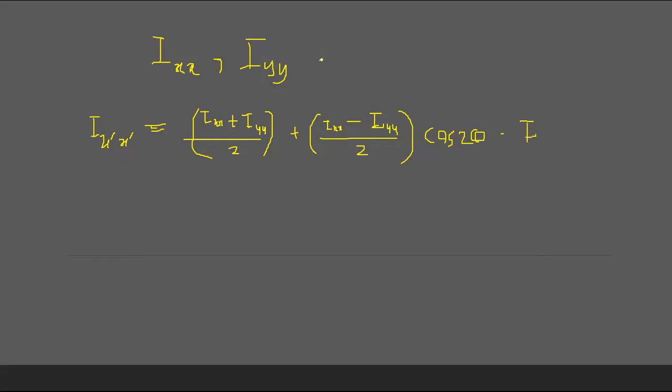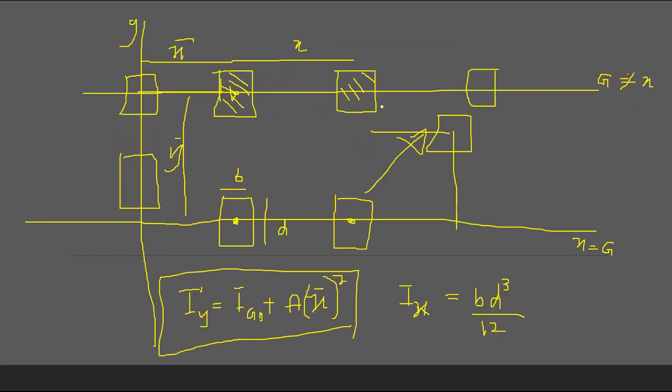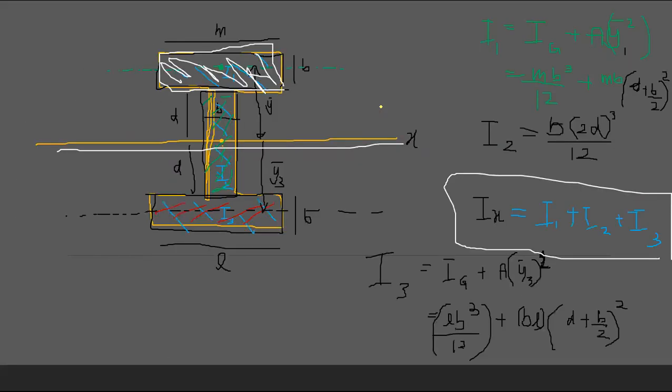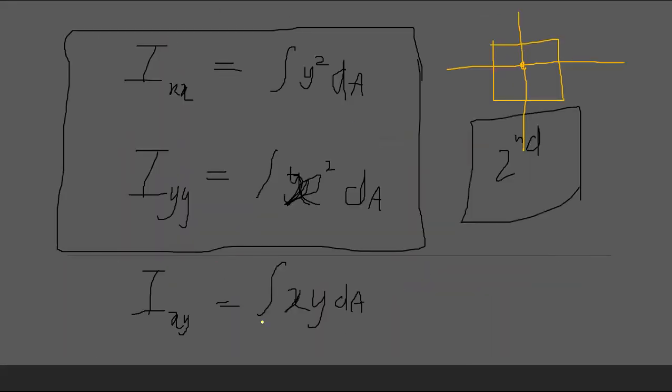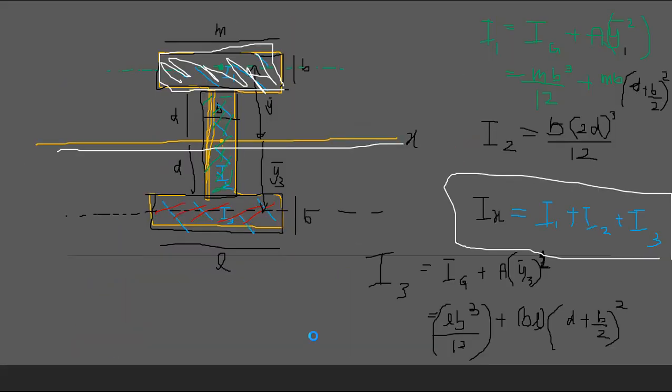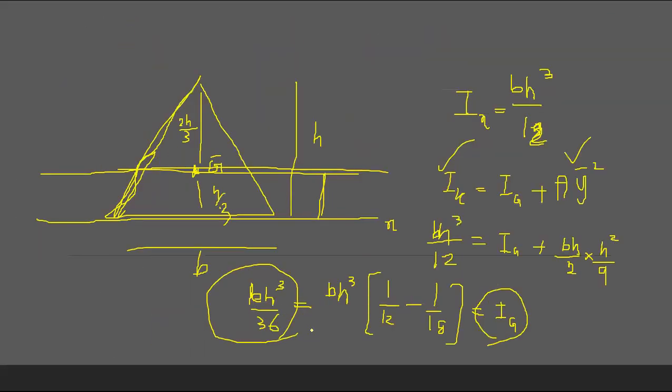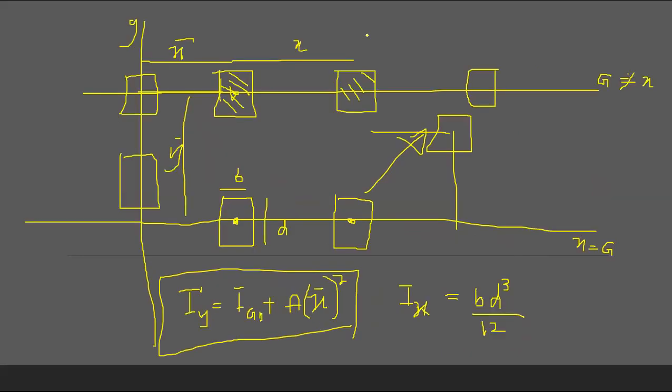Let's say you know Ixy as well. These three you have to know. I told you what Ixy is. You can find it using the same principles, that's easy. For that also you have to use the parallel axis theorem.